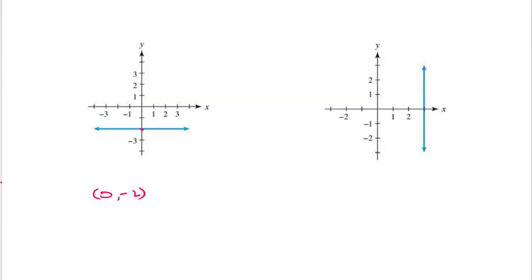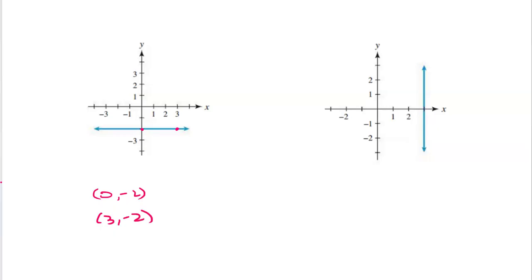What else? Give me another point on this line. Okay, 3, -2. All right, so that point's right there.